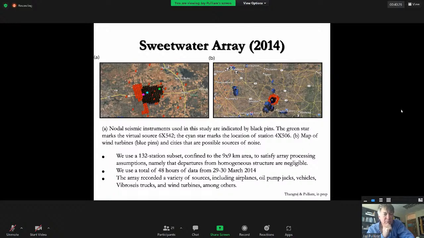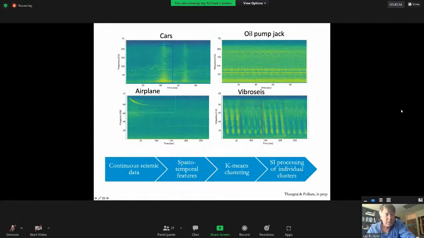So we used a subset to try to satisfy that assumption. And found some pretty cool features. We're just trying to come up with a technique that would allow us to automatically identify time windows that produce a better result than stacking everything.